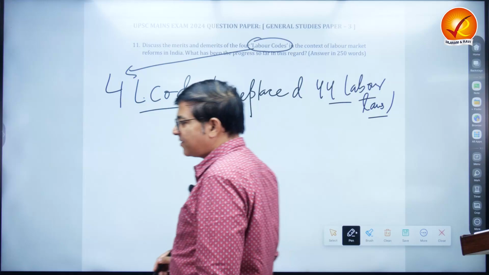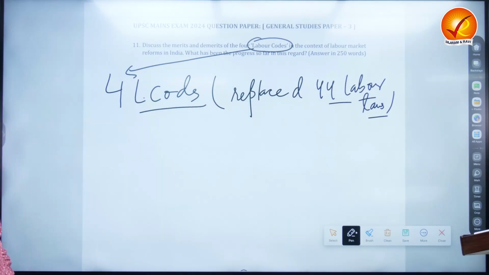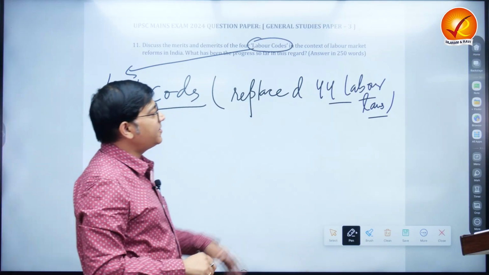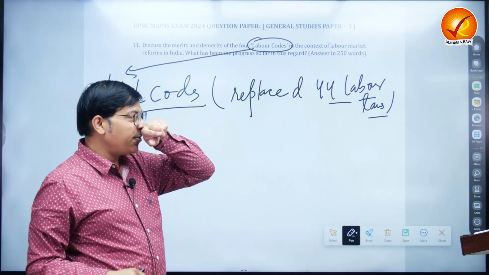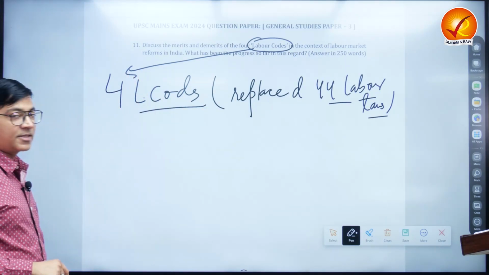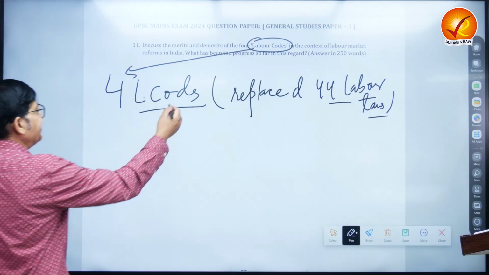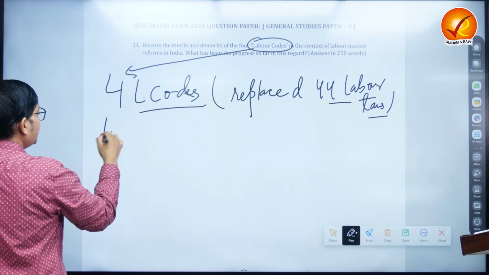A small thing, some discussions say 29 labor laws. That was because the 44 minus 29 got repealed and then the remaining 29 got restructured into the code. So don't get worried over that. What are these codes?